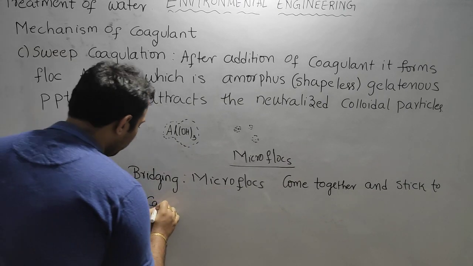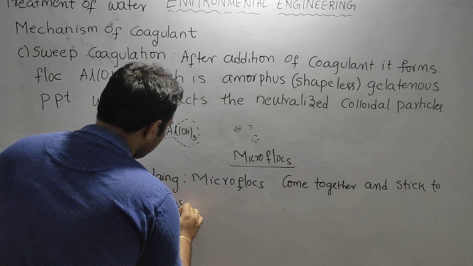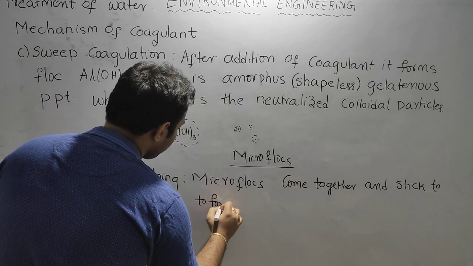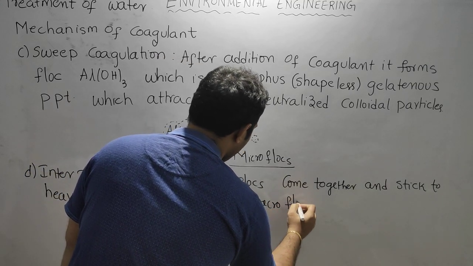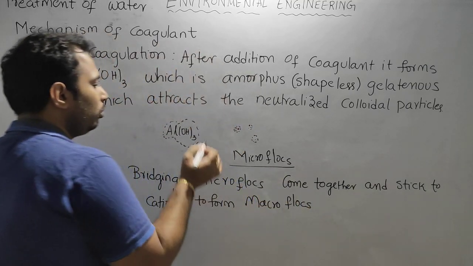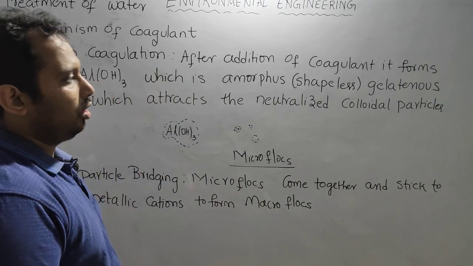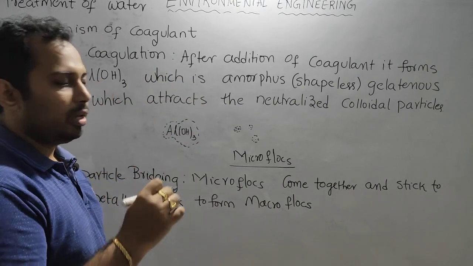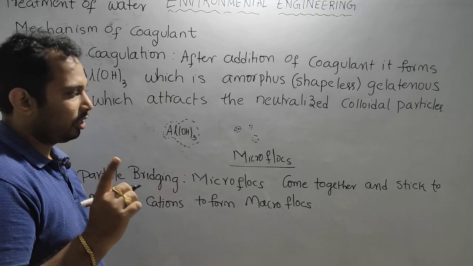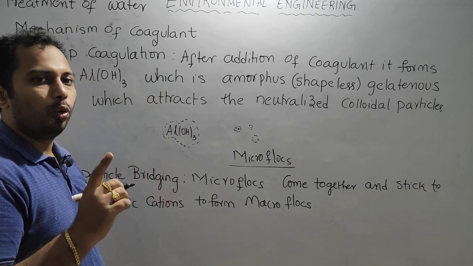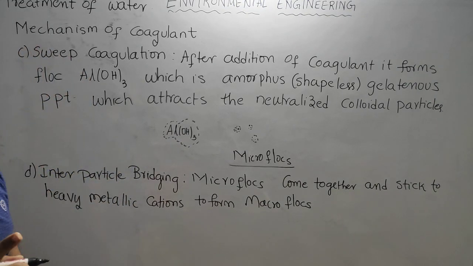Heavy metallic cations to form macroflocks. If you look at the aquametallic cations that are formed when the alum is added, one heavy metallic cation formed is Al7(OH)17 4+.